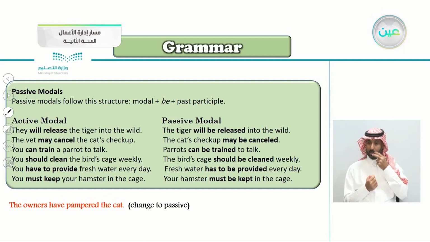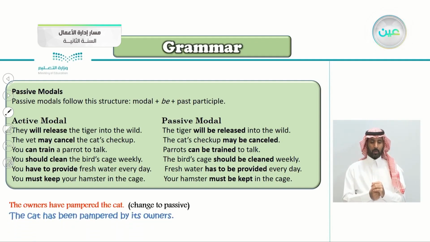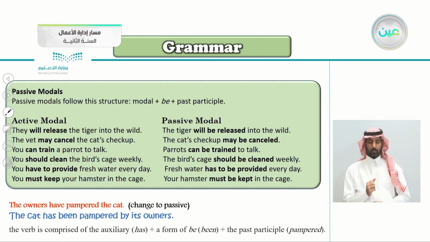So what's the object here? Yes, the cat. So how do we change this active sentence into passive? So we say, yes, the cat has been pampered by its owners. Very good. So this is the passive modals.